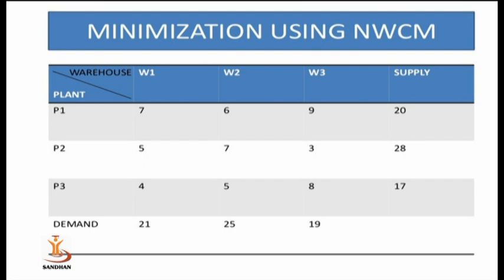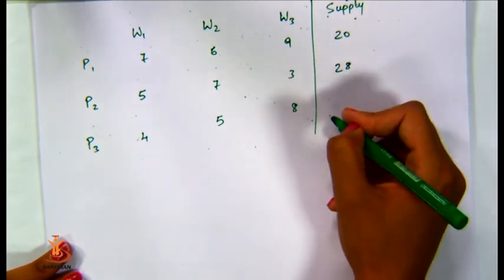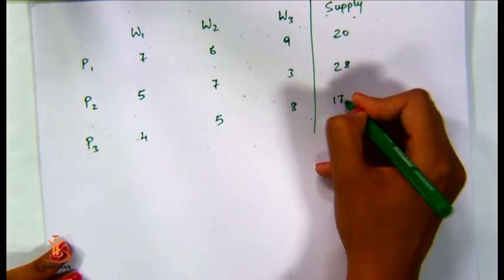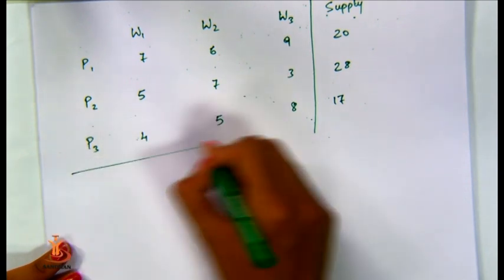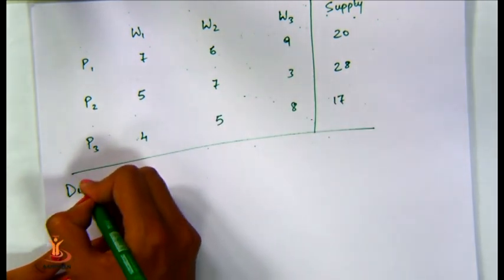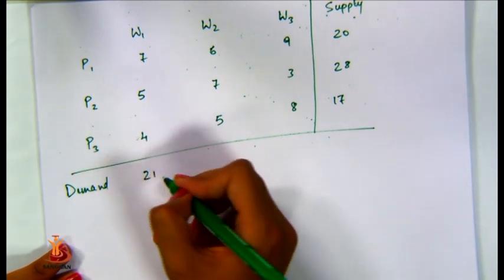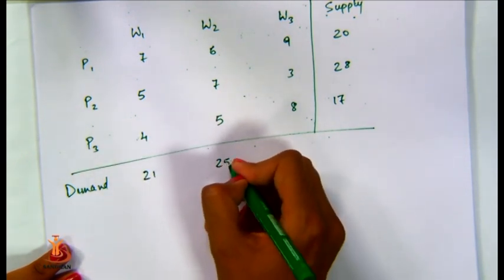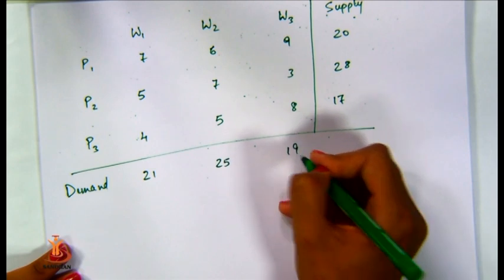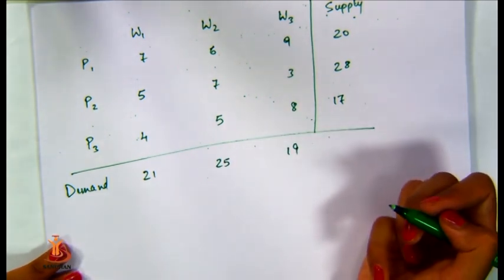The supply is given to be 20, 28 and 17, whereas the demand is given to be 21, 25 and 19 units.